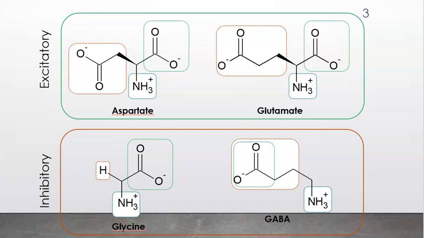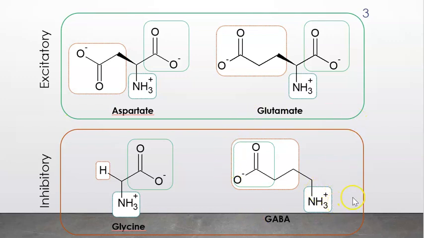Now, almost all amino acids are proteinogenic. In other words, they're used to create proteins. Of course, these amino acids are encoded by DNA, and then they go on to make proteins. The only exception to this is GABA itself.